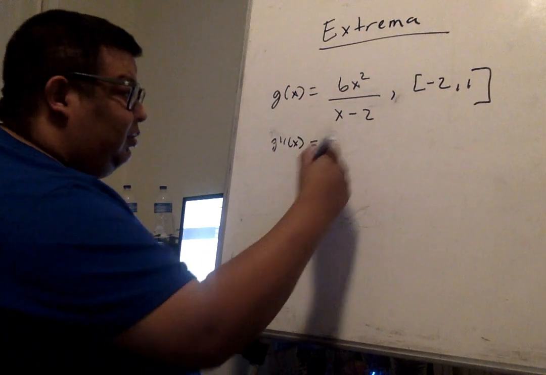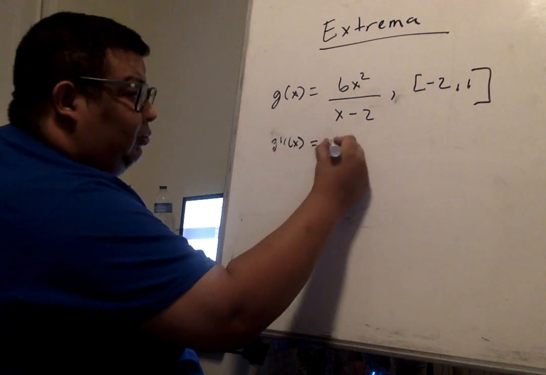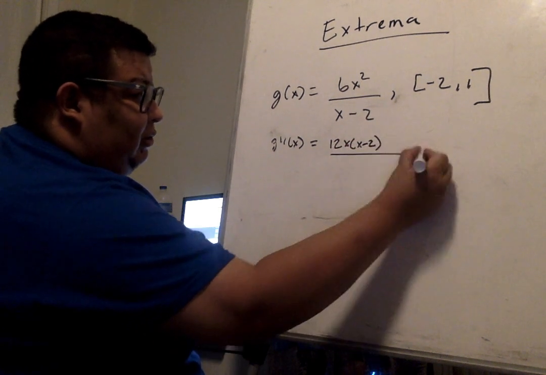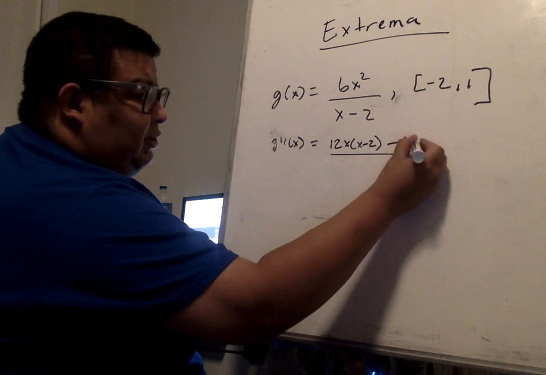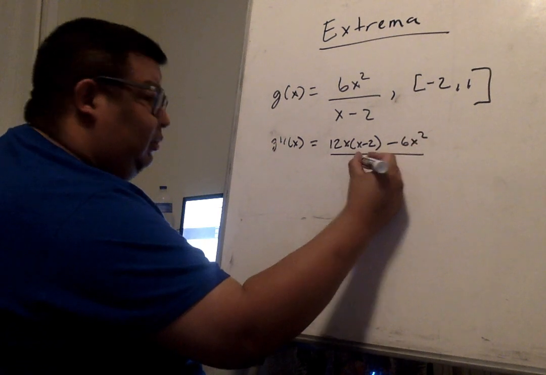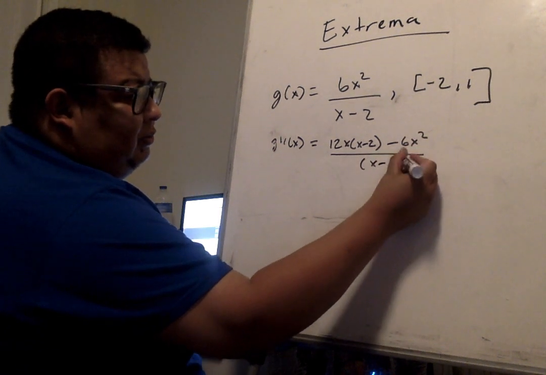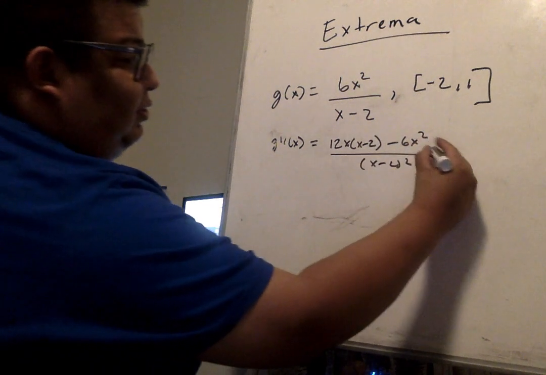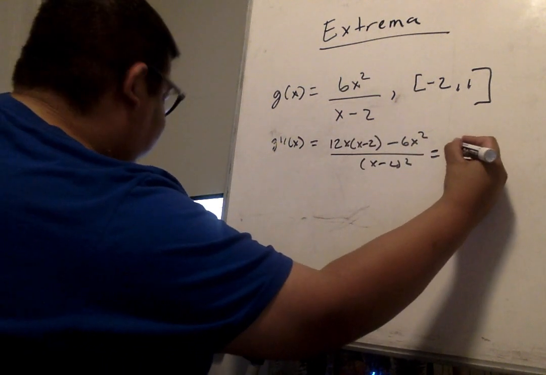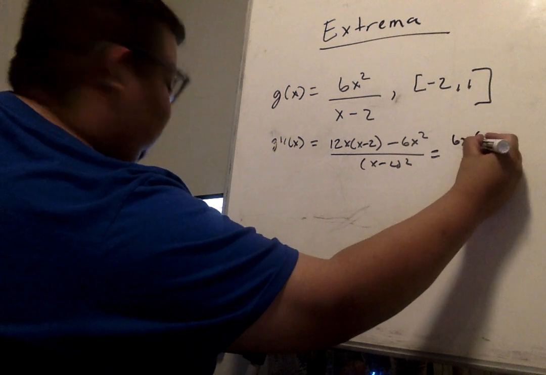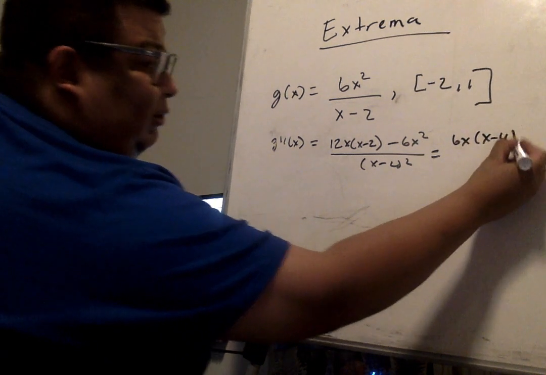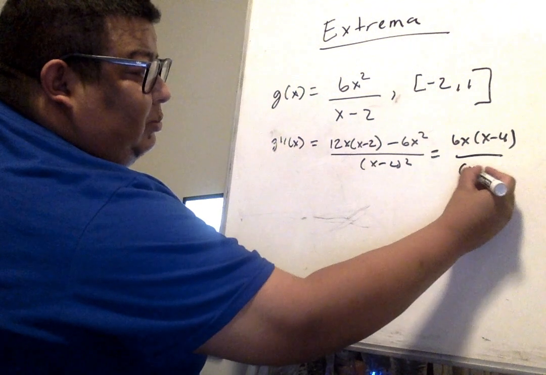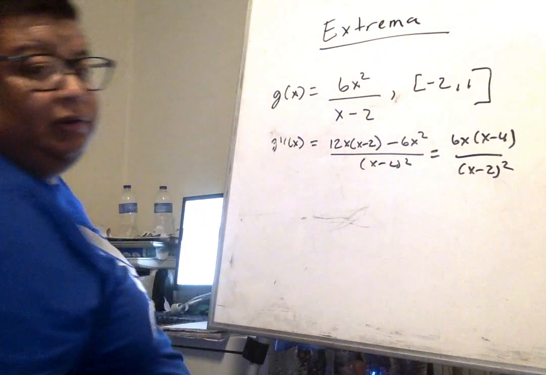It's going to be 12x times (x minus 2) minus 6x squared, all over (x minus 2) squared. If you simplify this, you're going to get the derivative equal to 6x times (x minus 4) over (x minus 2) squared.